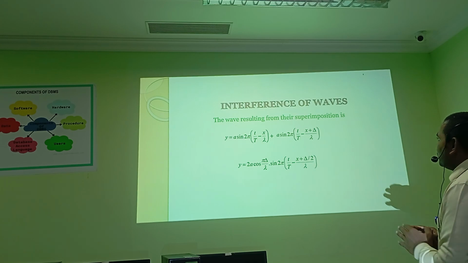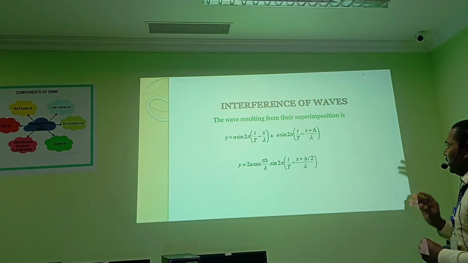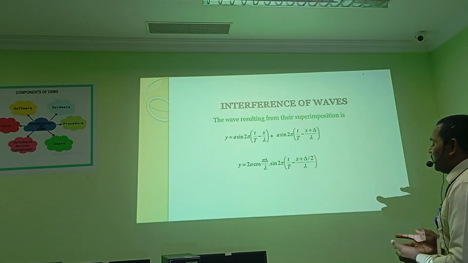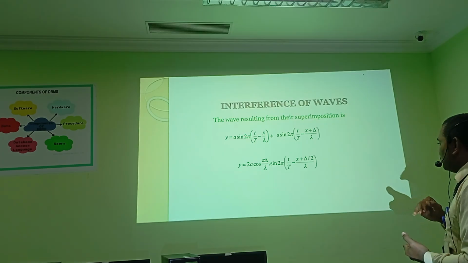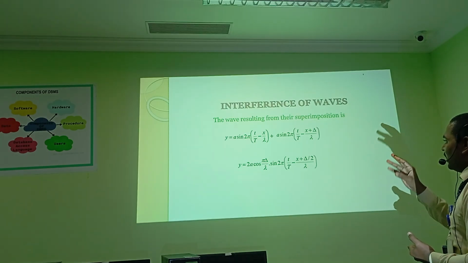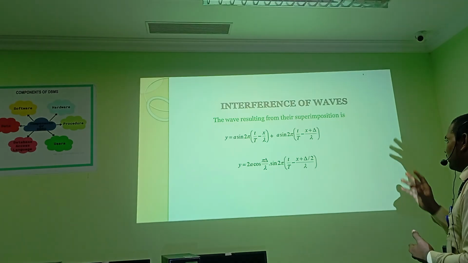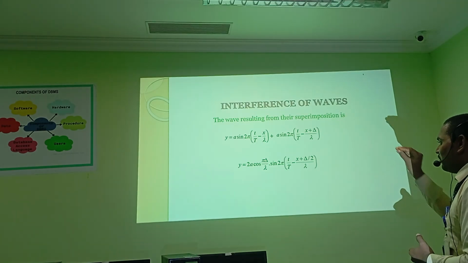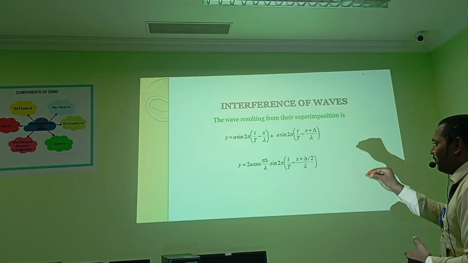The maximum position is called the intensity and the minimum position is called the amplitude. Here delta means phase difference, and the path difference is involved in the overall result of the light ray, the transmitted and reflected ray.